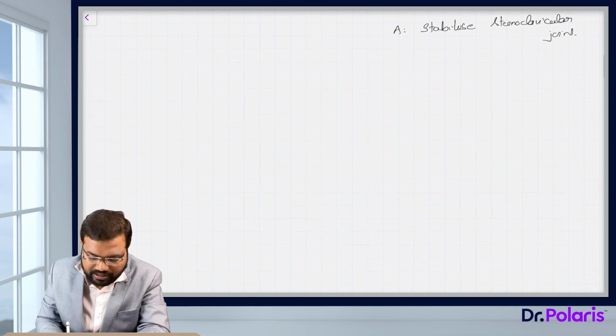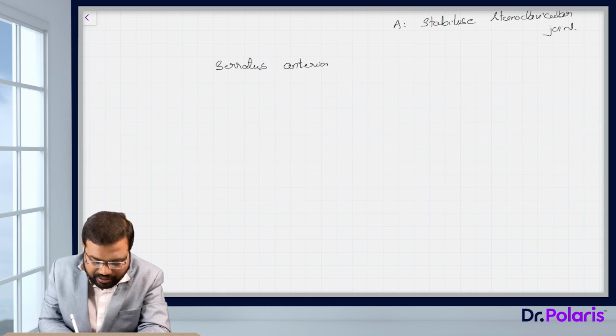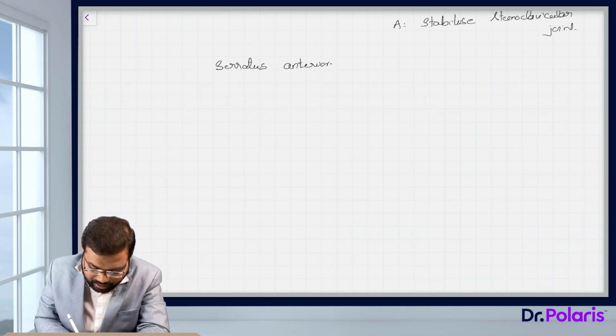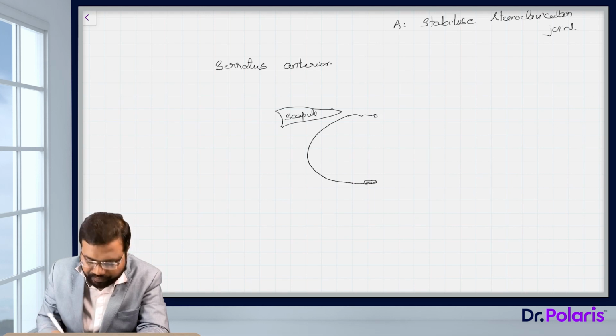And finally the fourth muscle is serratus anterior. Let's draw a transverse section of the thorax. On the posterior side we have the scapula. This is the scapula and this is the rib, with its costal cartilage.